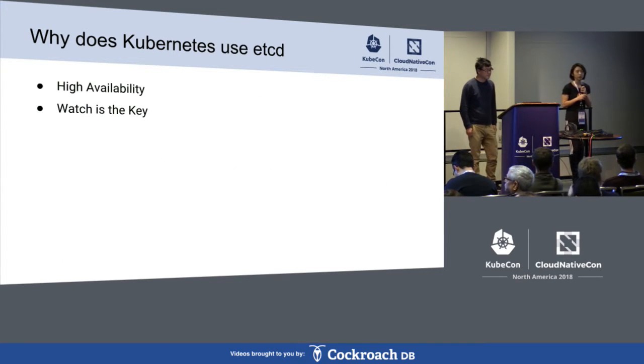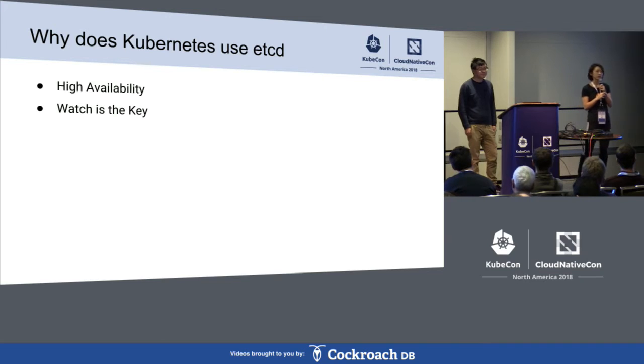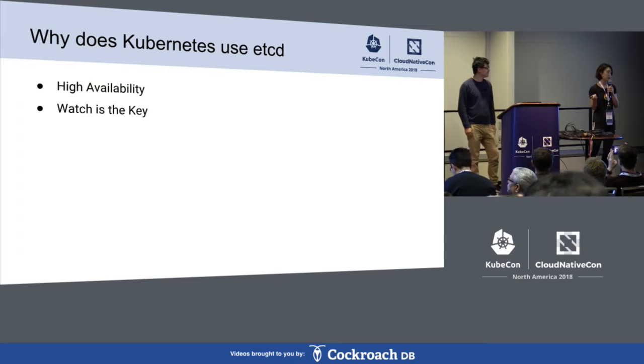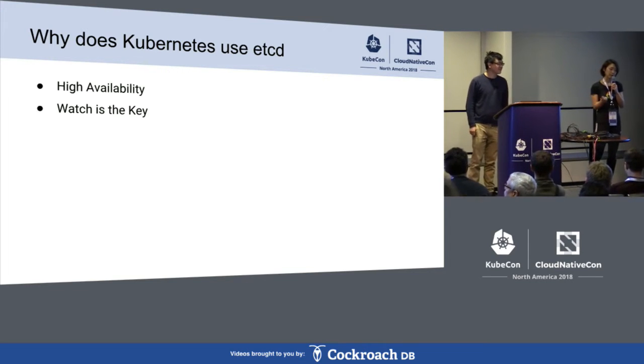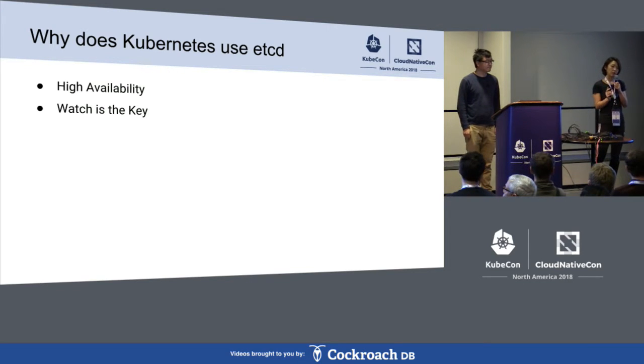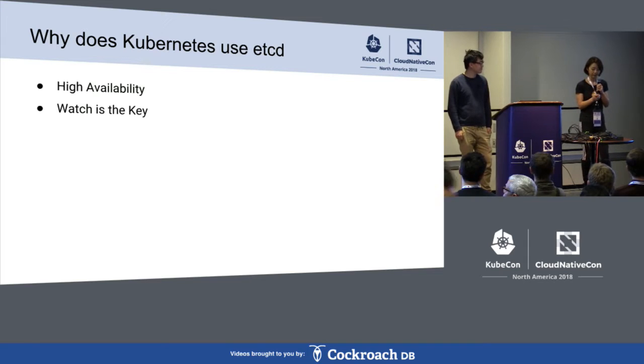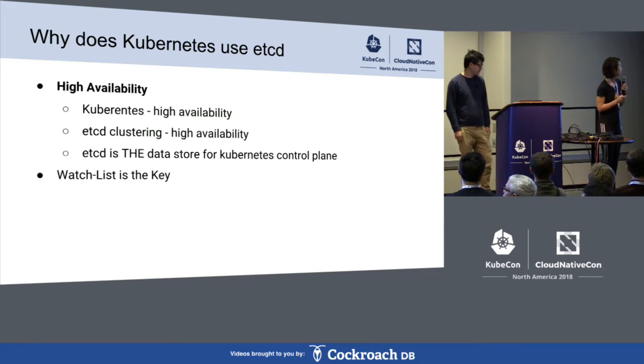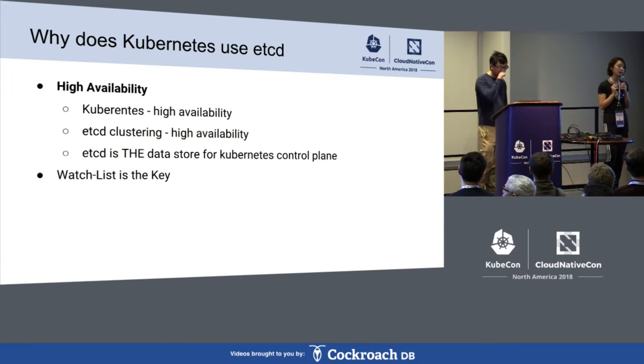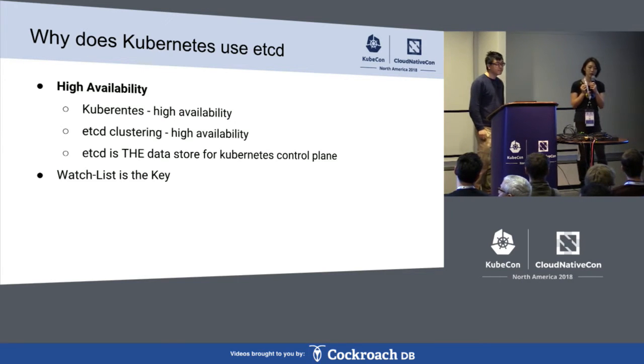Now, we know that etcd has been used under a lot of different projects. Among all of them, Kubernetes is probably still the biggest one. And also it's KubeCon, so I think it's only fair to mention why Kubernetes uses etcd as the data store for the Kubernetes control plane. There were two major reasons. The first one is high availability.